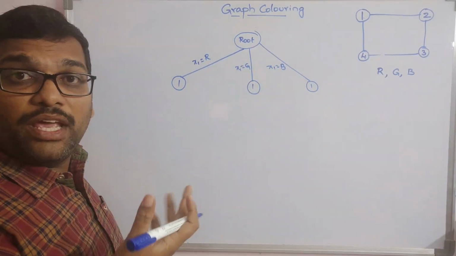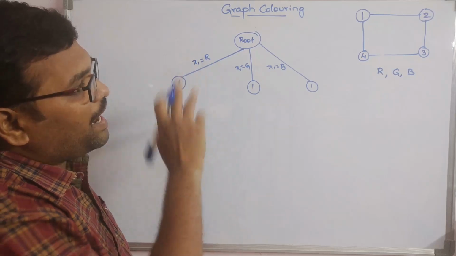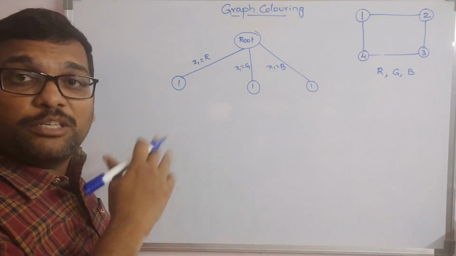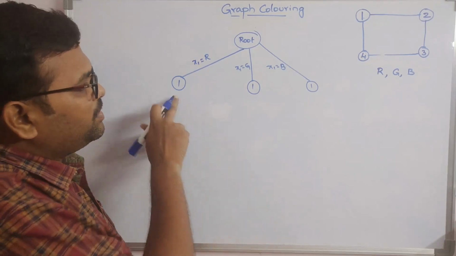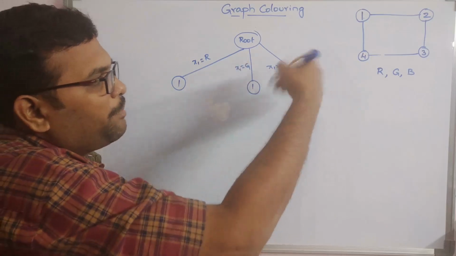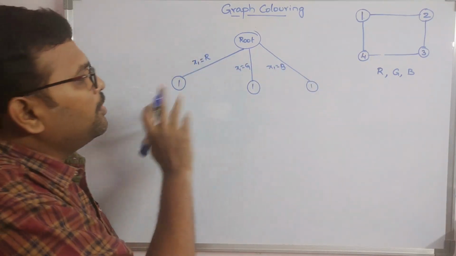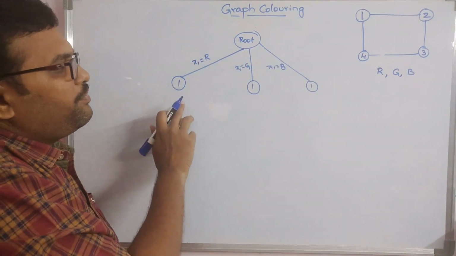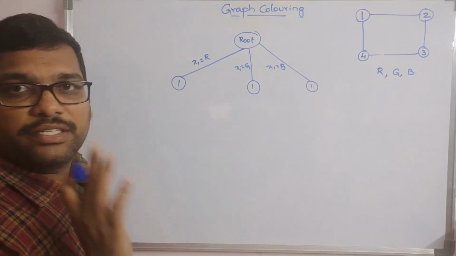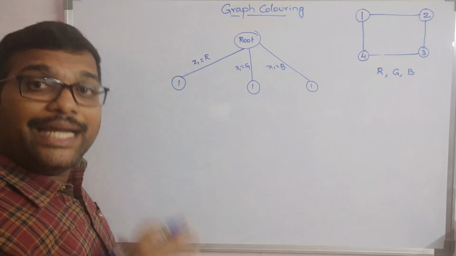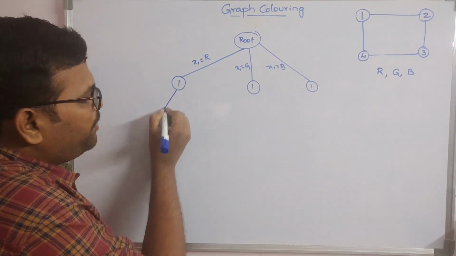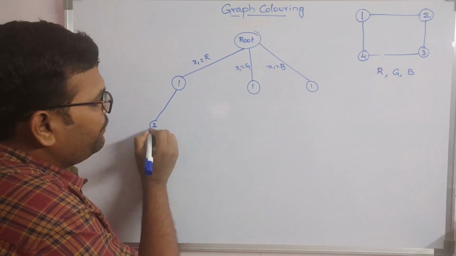So there are 3 possibilities: we can fill the first region with either red, green or blue. We need to write down all the possibilities, but I'll tell only this one, and you will practice the remaining 2 possibilities, right? So first consider this one. Always, backtracking works with depth first search. So we need to solve it using depth first search, right? So from 1, there are 3 possibilities for filling the second node.